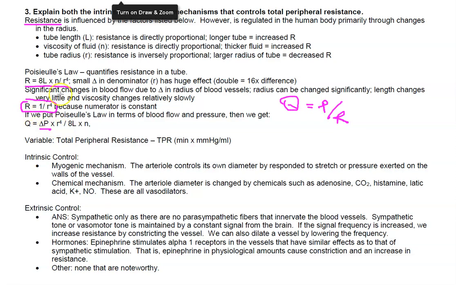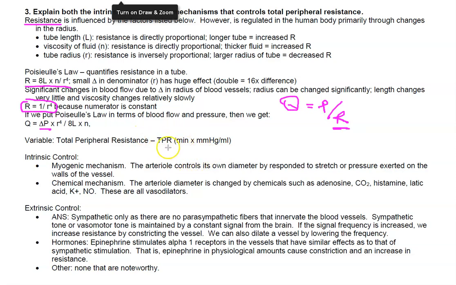Since resistance is on the bottom, we just flip Poiseuille's law upside down, so it's 1 over R on this side, and we get P times r to the 4th divided by 8L times N. So that's Poiseuille's law. And that's what we really use to control the radius of a blood vessel, which ultimately controls resistance, which ultimately controls total peripheral resistance, and that then determines our mean arterial pressure.